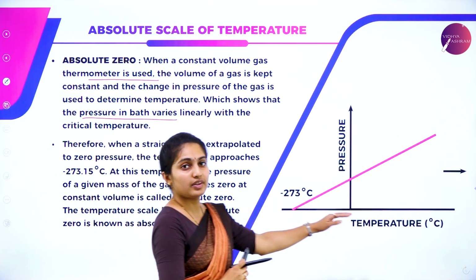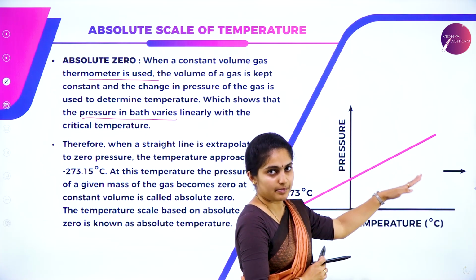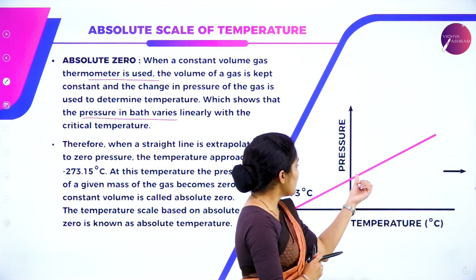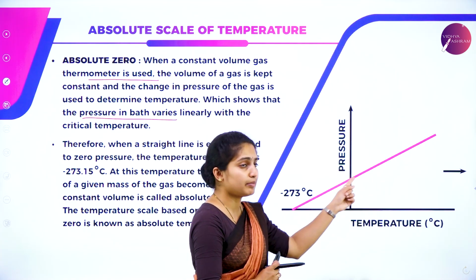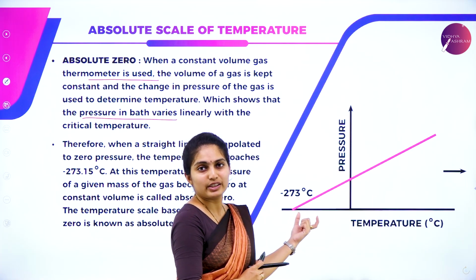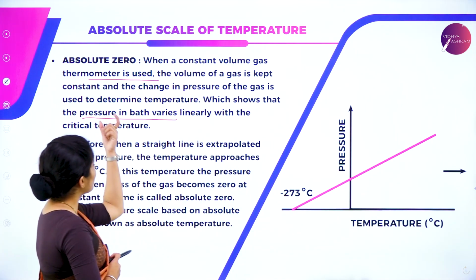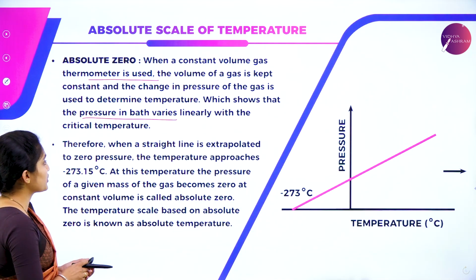As the temperature increases, the pressure increases, as shown here in the graphical representation, which means on extension of the same linear line backwards, towards the negative axis, you get one value, that is minus 273 degrees Celsius.